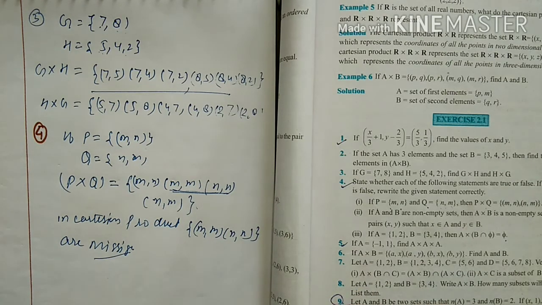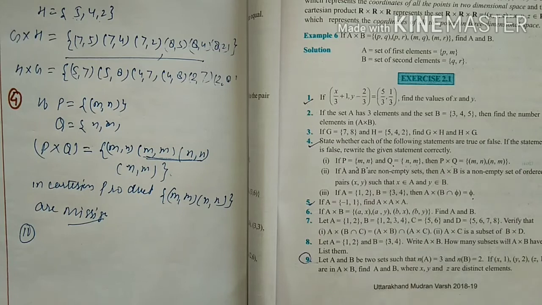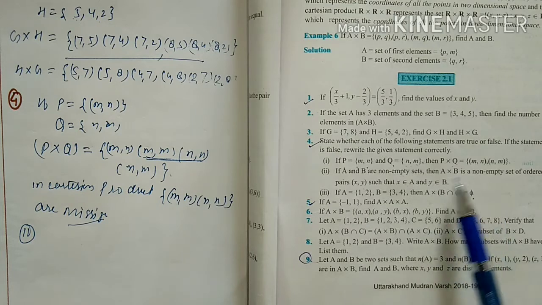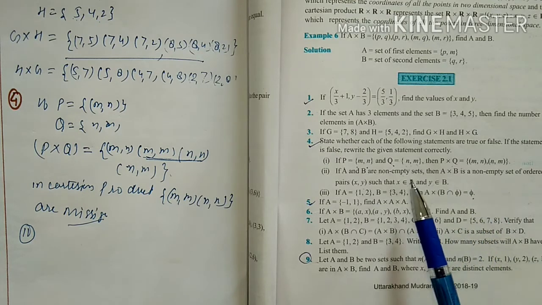The next question, the second part. If A and B are non-empty sets, then A cross B is a non-empty set of ordered pairs (x, y). Yes, this is the definition of the Cartesian product.